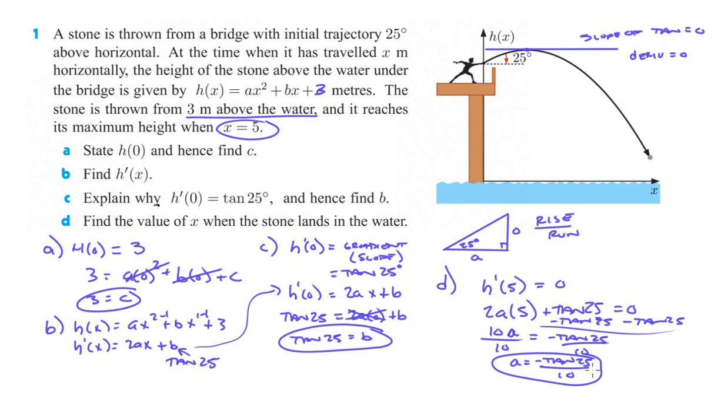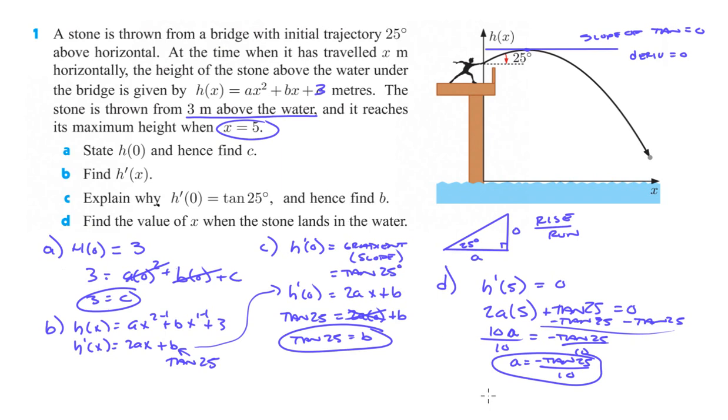Divide both sides by 10, and we get that a is going to be negative tangent 25 over 10. All right. So now that we know what a, b, and c are in this equation up here, we can rewrite it. If we're trying to figure out when the stone lands in the water, we know that our height is going to equal 0, right?